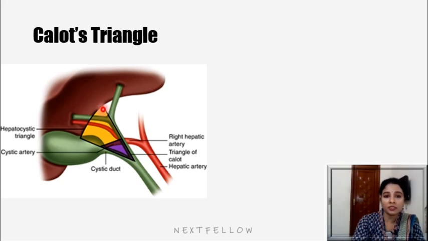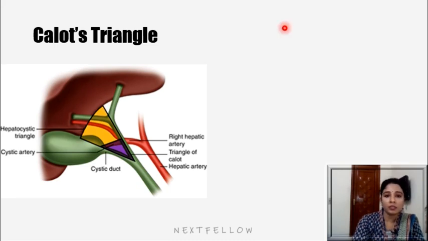The medial border is formed by the common hepatic duct, the inferior border is formed by the cystic duct, and the superior border is formed by the inferior surface of the liver.